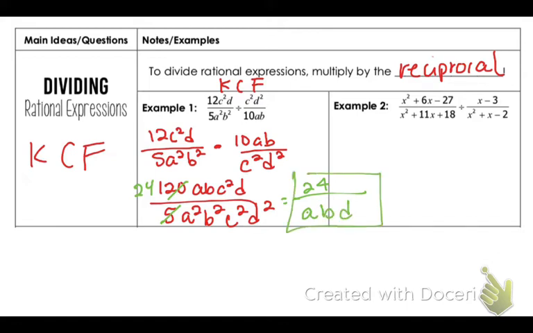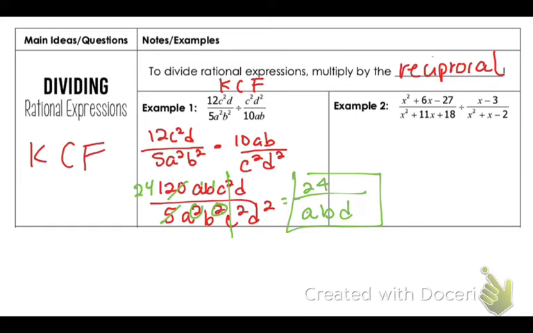And then this would be your answer. Because of the 2 minus the 1, you're left with a at the bottom. 2 minus the 1, you're left with b at the bottom. The c's cancel out, and then 2 minus the 1 for d is at the bottom. So your answer is 24 over a, b, d.